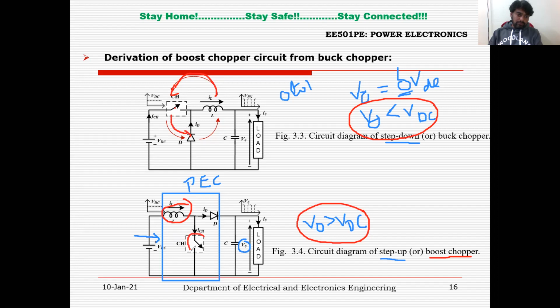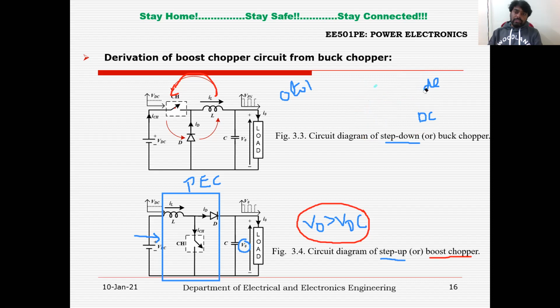Then the inductor is replaced with the diode. So the positions of the elements are interchanged and rotated in anti-clockwise fashion, so that you get the circuit configuration for the boost chopper.